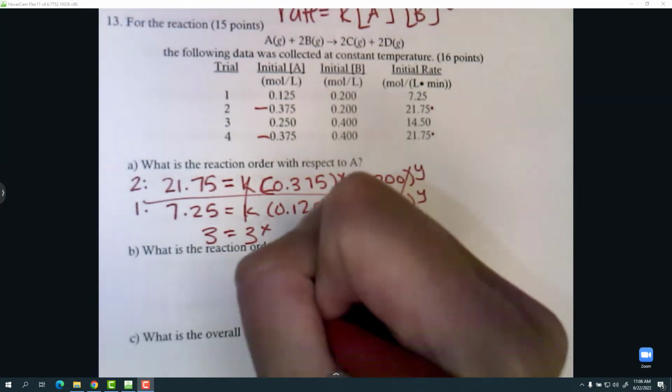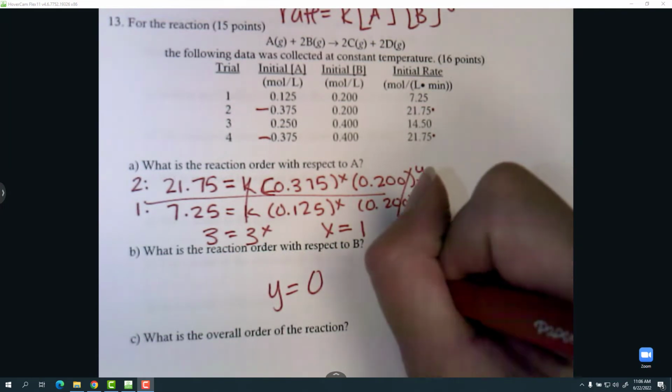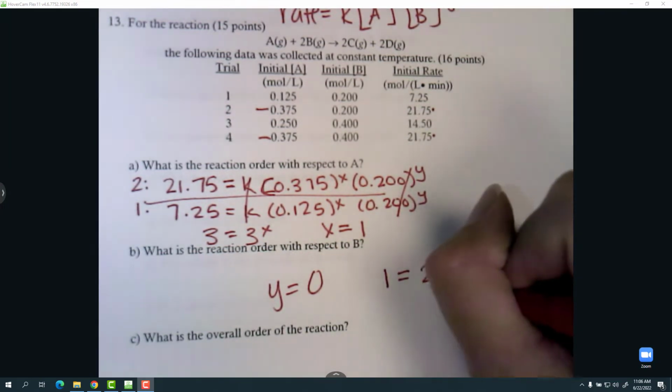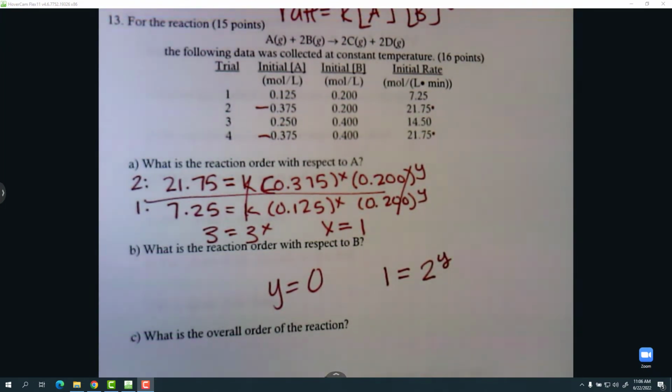So that's 0. So if I had gone through all of this, what I would have gotten is 1 equals 2 to the y, and to get any number to equal 1, I'd have to raise it to the 0th power. So either way, I could do it.